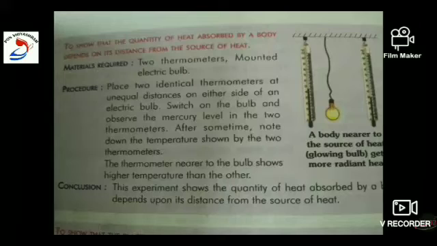After some time, note down the temperature shown by the two thermometers. The thermometer nearer to the bulb shows higher temperature than the other. From this, it shows the quantity of heat absorbed by a body depends upon its distance from the source of heat.